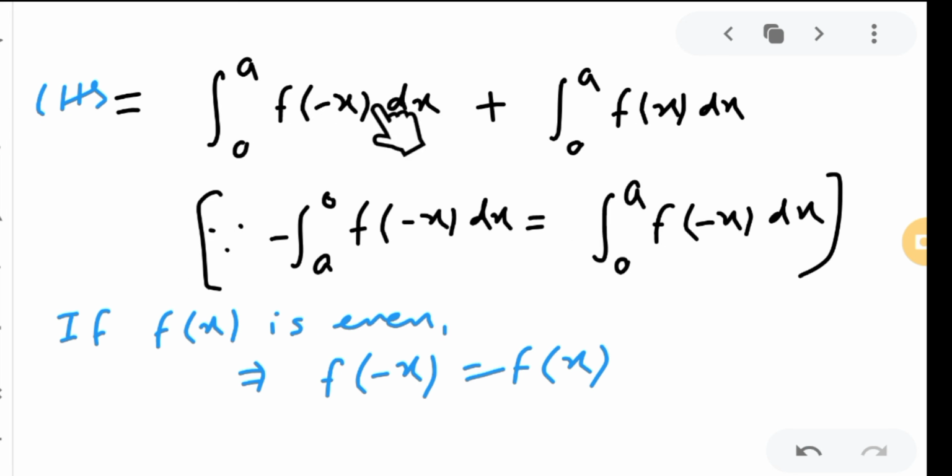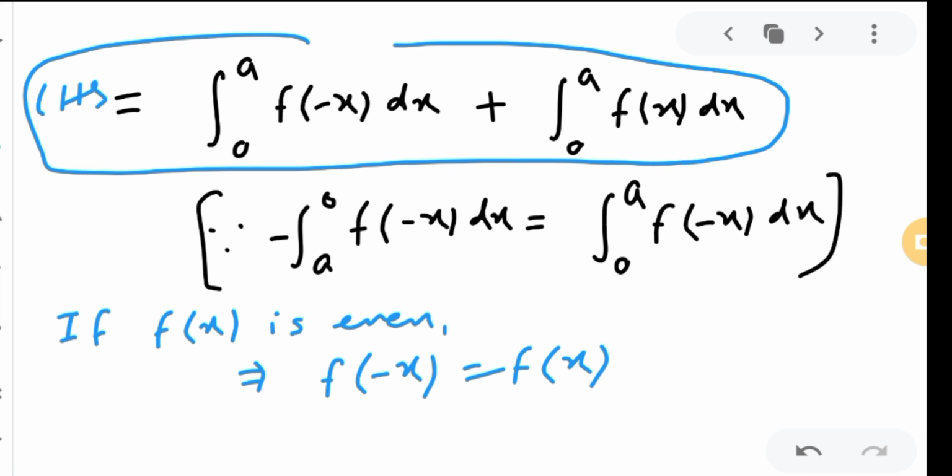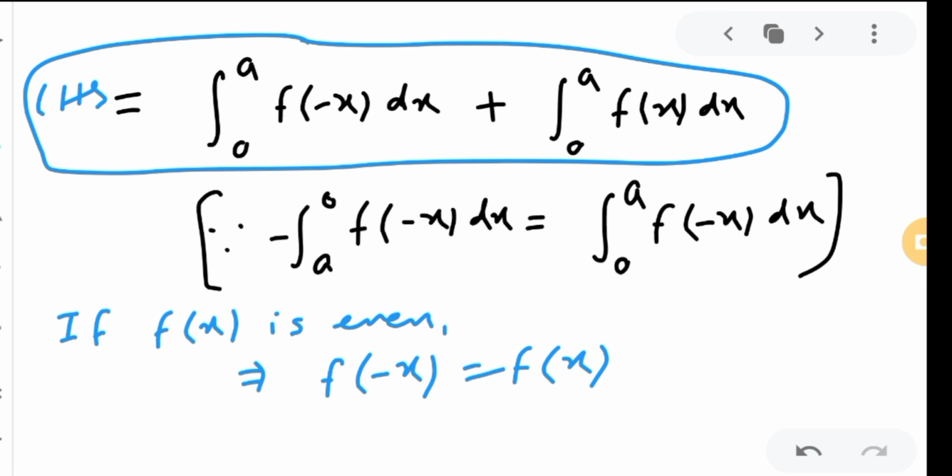So I am using this simplified LHS. If f(x) is even, then I am writing LHS as 0 to a, and f of minus x will become f of x, because f of minus x is f(x) only if f(x) is even.